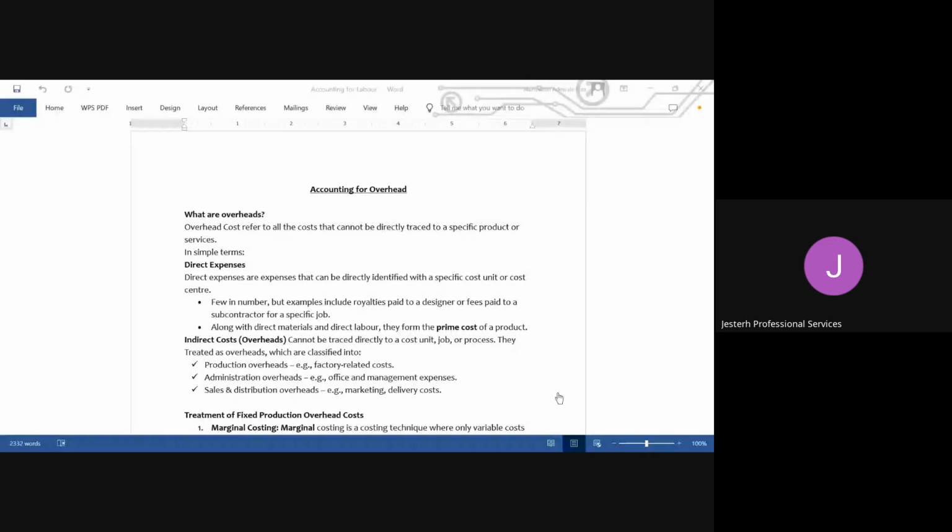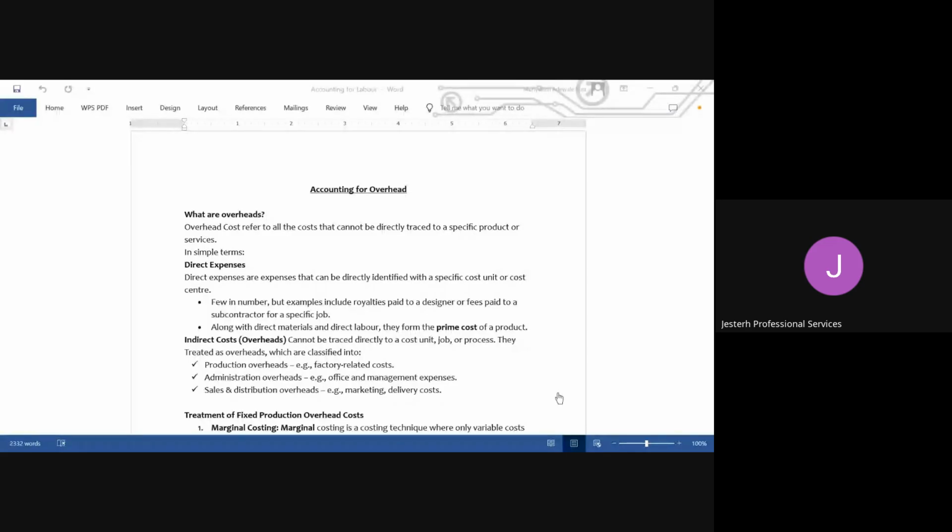And then at the end of the period or the activity level, they make a comparison between their standard and their actual production or actual service rendered, which helps them to know where to make proper decisions from.